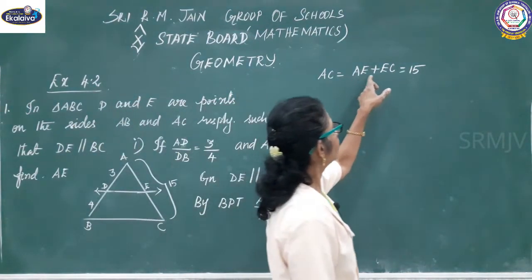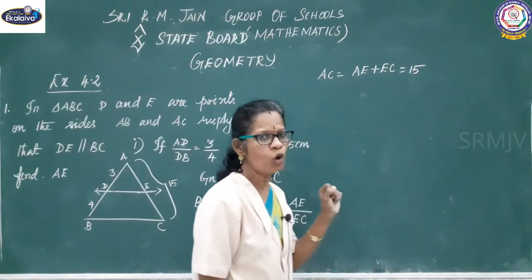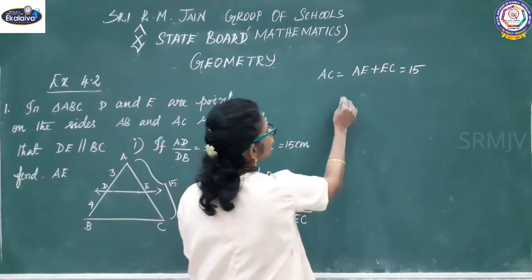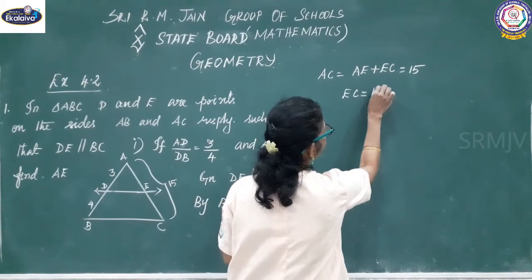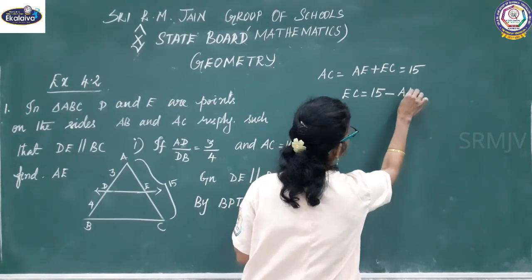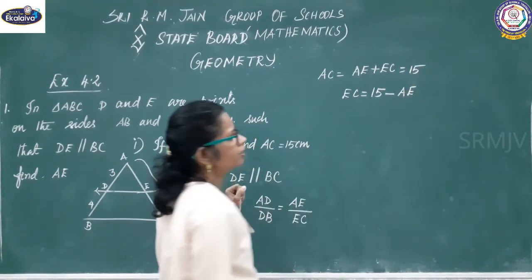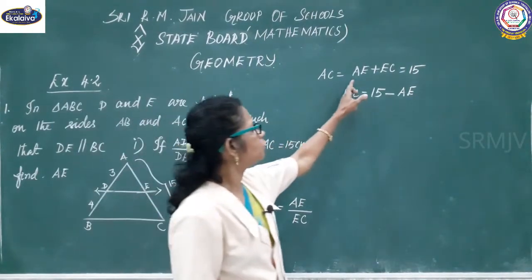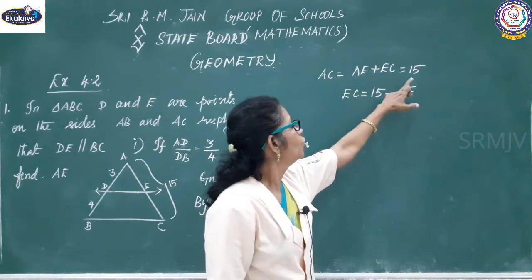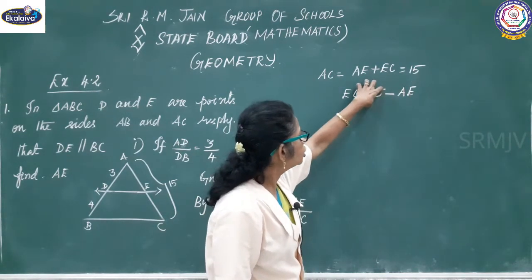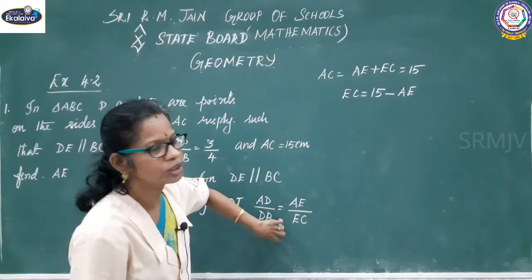AC equal to AE plus EC, equal to 15. Now, EC equal to 15 minus AE. When you shift the positive to the opposite side, it will act as negative. 15 minus AE, this one I am going to substitute here, right?